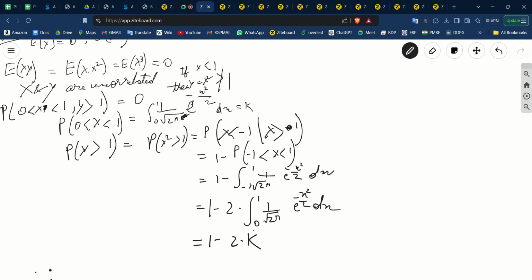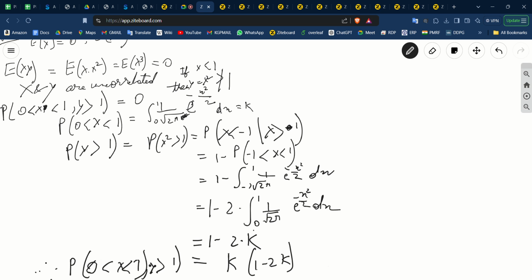Therefore, the product of these two probabilities is equal to k into 1 minus 2k, which means it is not equal to 0.